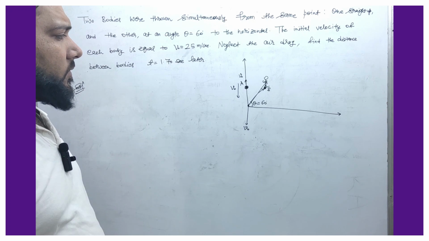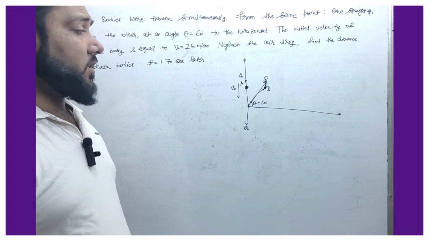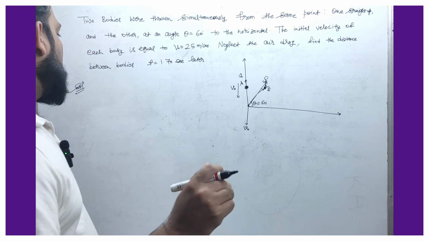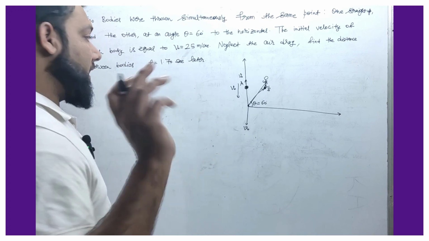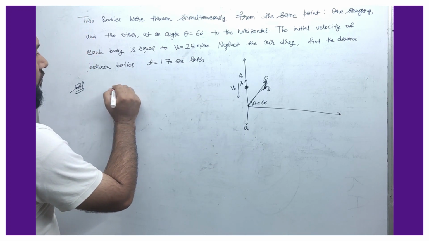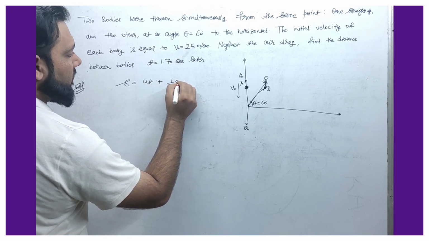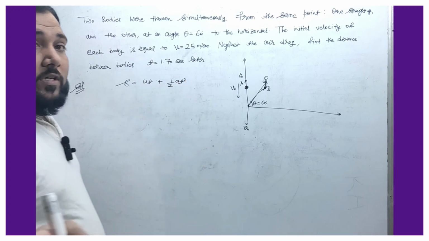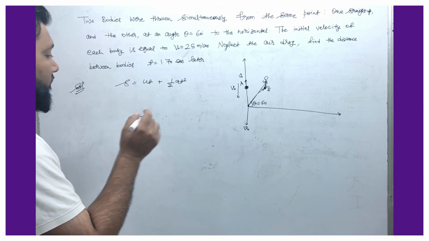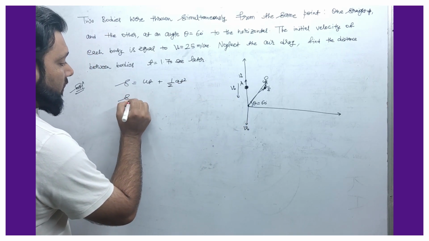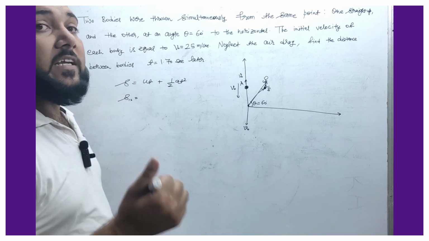Now we will use the relative velocity concept. We will use the second equation of kinematics, S equals u t plus half a t square. Is it okay guys up to here? Now we will use this for relative velocity.